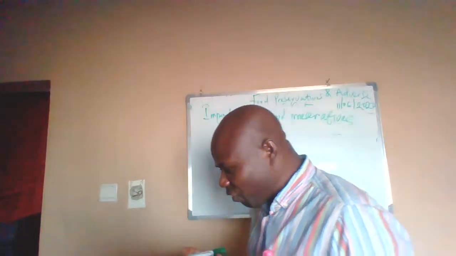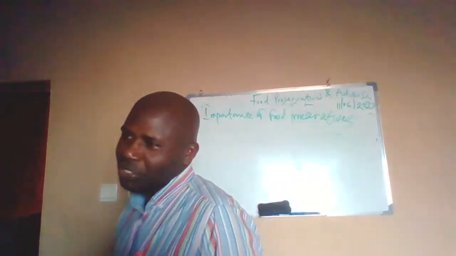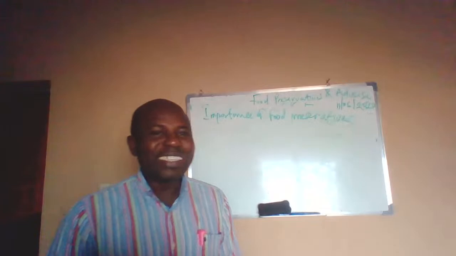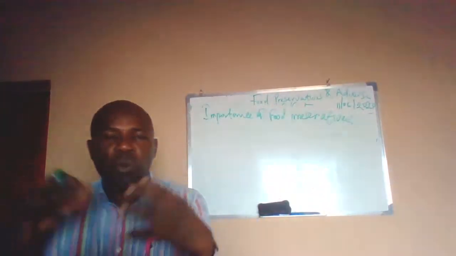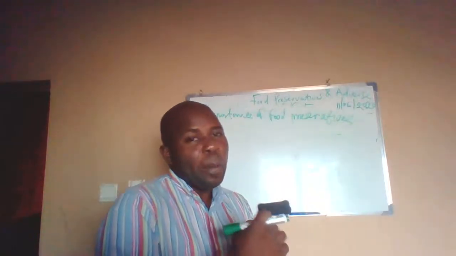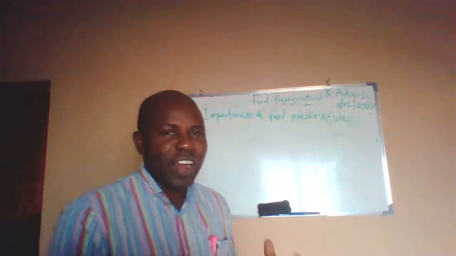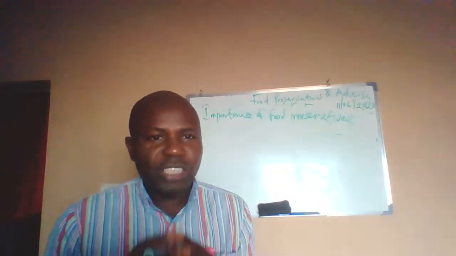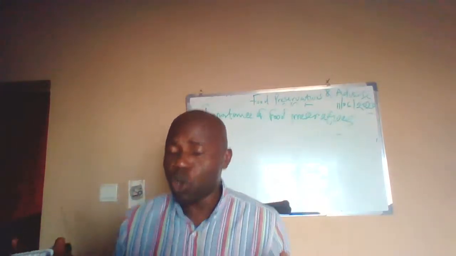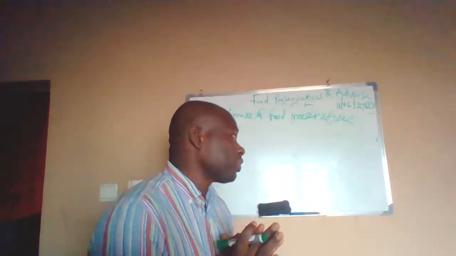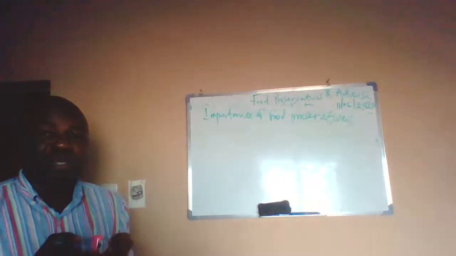So basically, the majority of these food preservative substances tend to work on different mechanisms of action. Like for instance, under antioxidants, we have ascorbic acid. Ascorbic acid has been known to be an oxygen scavenger.